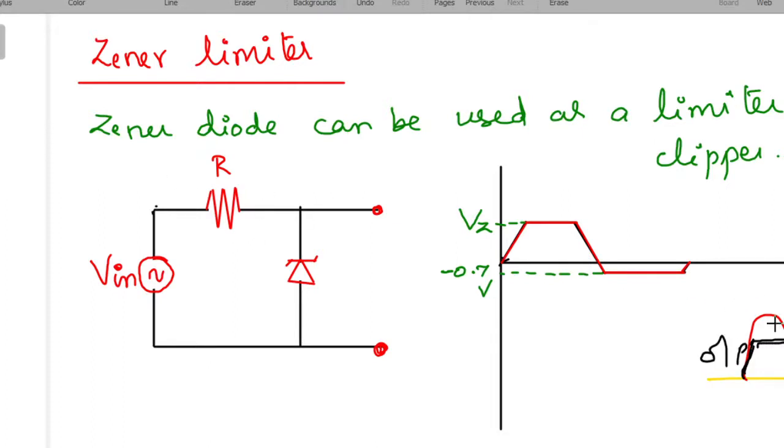This corresponds to VZ, and this corresponds to minus 0.7 volts. During the negative half cycle the Zener is forward biased, so we get minus 0.7 volts.